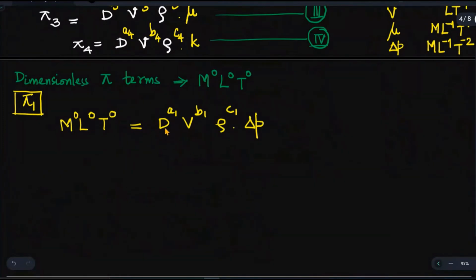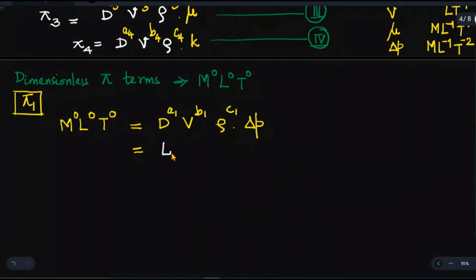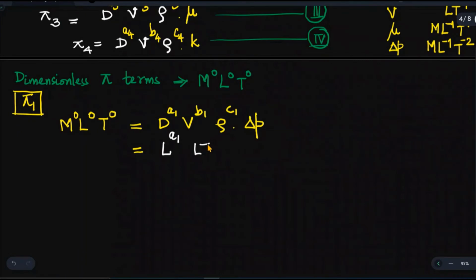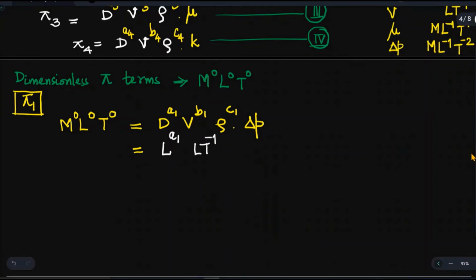Now we try to insert the dimensions. The dimension of D is L, so L raised to a1. Then the dimension of V is L T raised to minus 1, and the whole raised to b1. So b1 is the index.